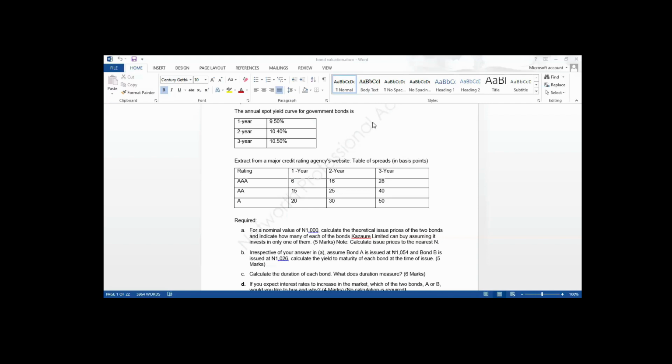Calculate the theoretical issue prices of the two bonds and how many of each bond Kazaure Limited can buy, assuming it invests in only one of them. Calculate issue prices to the nearest naira.